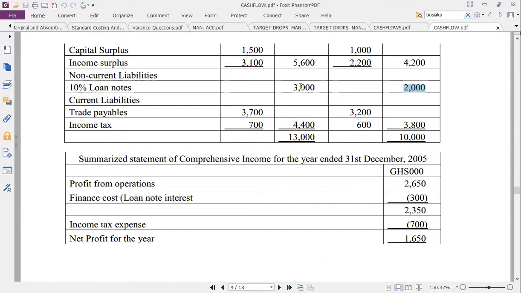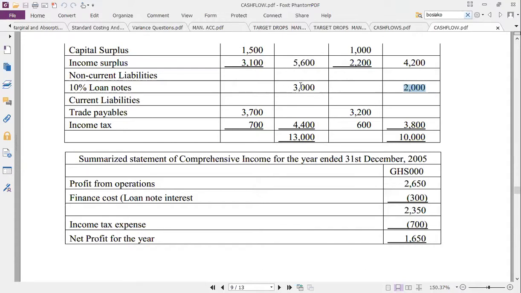So it means they have secured an additional loan of 1,000 during the year. Where do you send that one to? Acquisition of loan goes to financing, the cash flow from financing. Acquisition of loan note, you open a bracket, 3,000 minus 2,000, then you put 1,000 there, positive. Perfect. Then you are done.